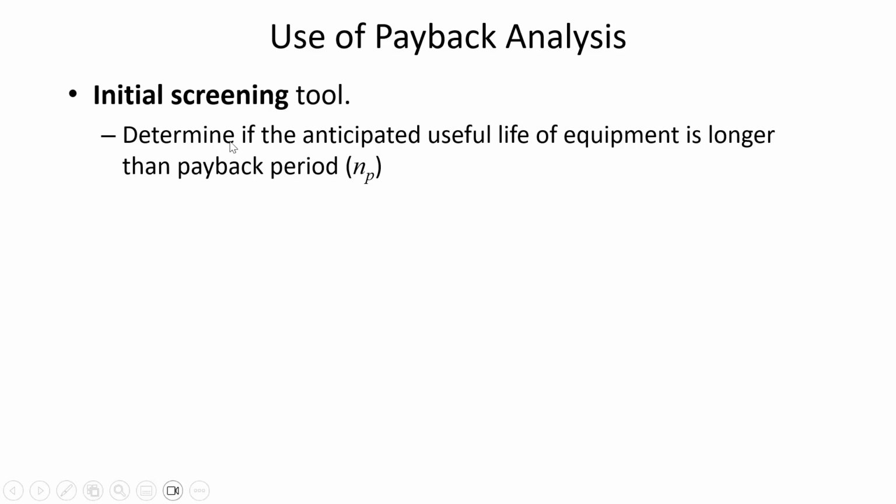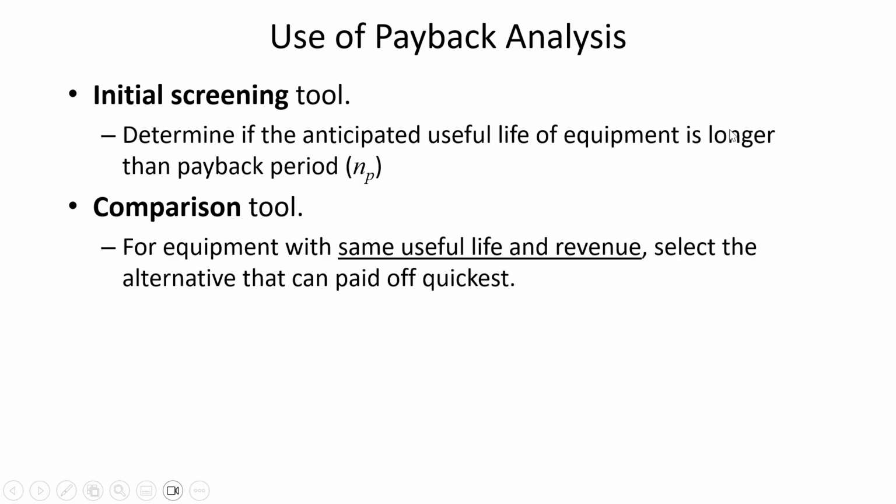And so the decision criteria here for initial screening is if the useful life is greater than the payback period, the equipment or the alternative is acceptable. We're not saying that it's the best, but it is acceptable if the useful life exceeds the payback period. Now, we can use payback analysis for comparing alternatives if they have the same useful life and the same revenue generation.